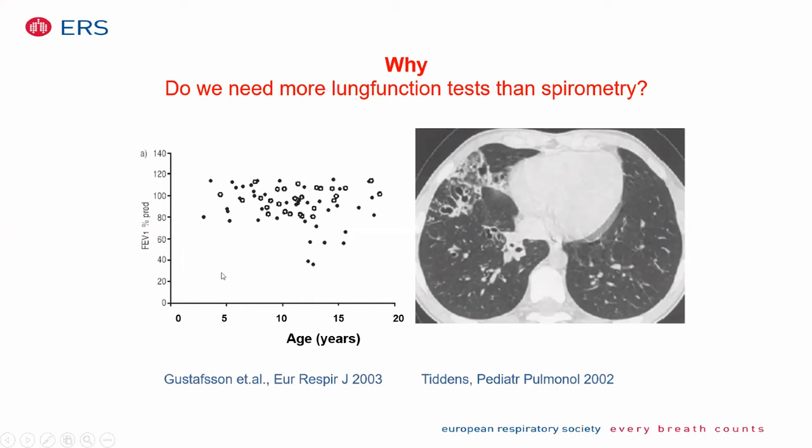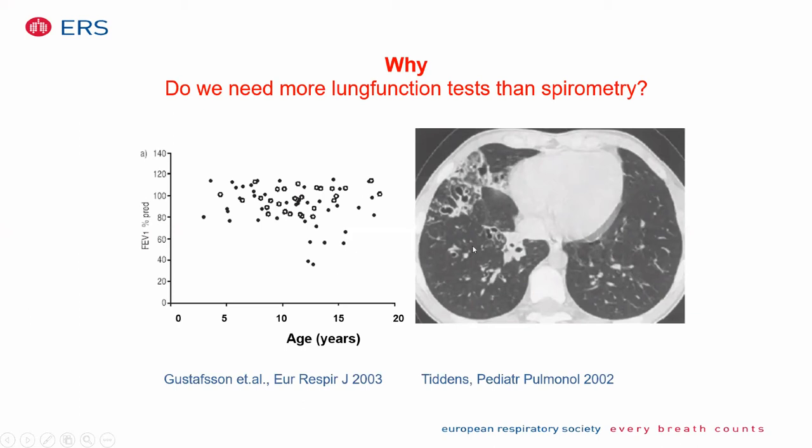Here you have lung function data, FEV1% predicted of children and adolescents ages between 5 and 20 years of age, healthy subjects, the open circles, and subjects with cystic fibrosis, the closed circles, and you see they are all overlapping, and there is not really a clear distinction between the group with CF disease and those who are healthy, at least not before adolescence and young adulthood.